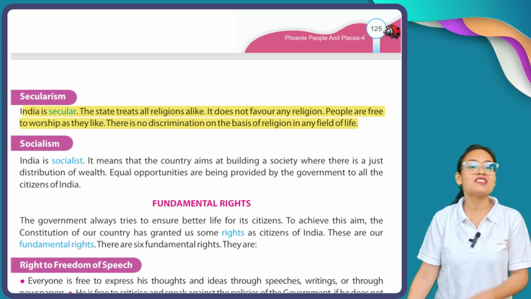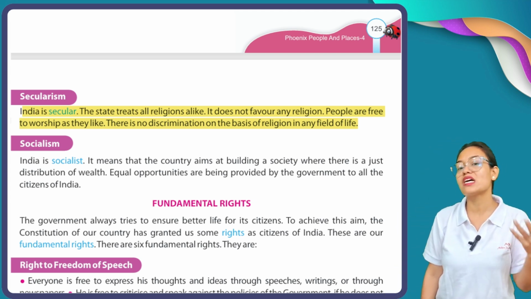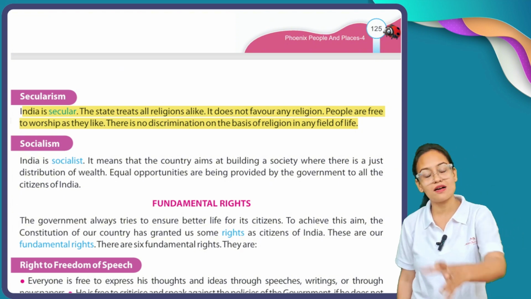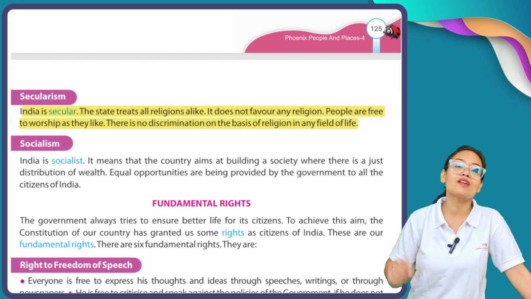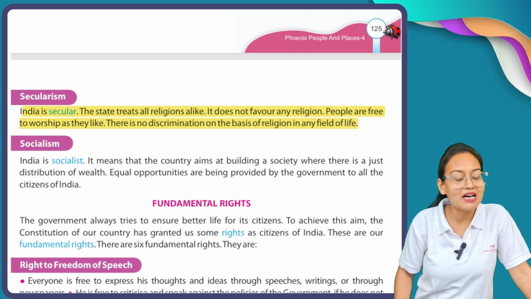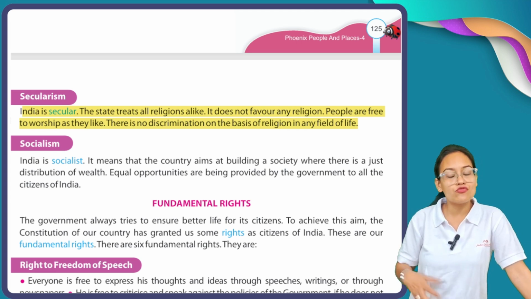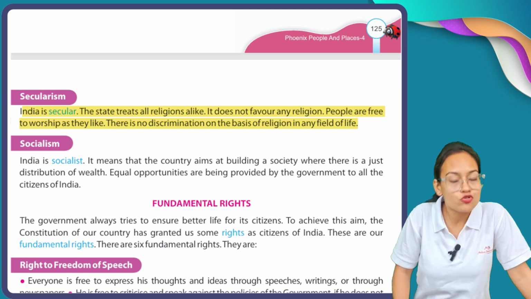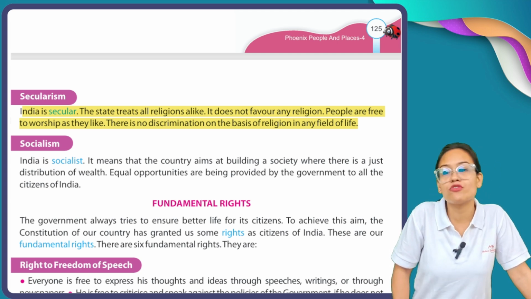Now, democracy means what? India is a democratic country. The power of forming government 100% lies in the hands of Indian people. Similarly, India is also a secular country. Why is India a secular country? Because in India, our constitution gave us freedom to follow our religious path, to follow our religious belief, to follow a particular religion which we want.